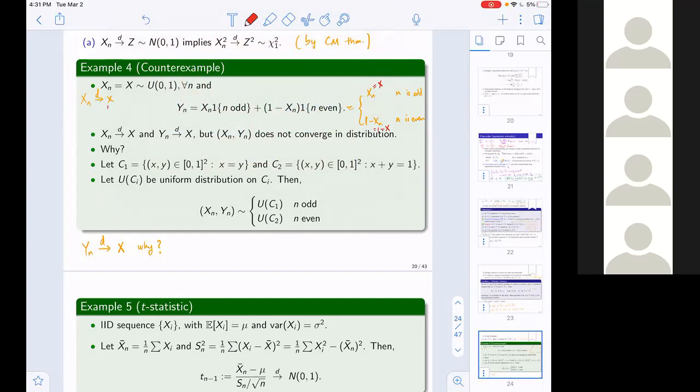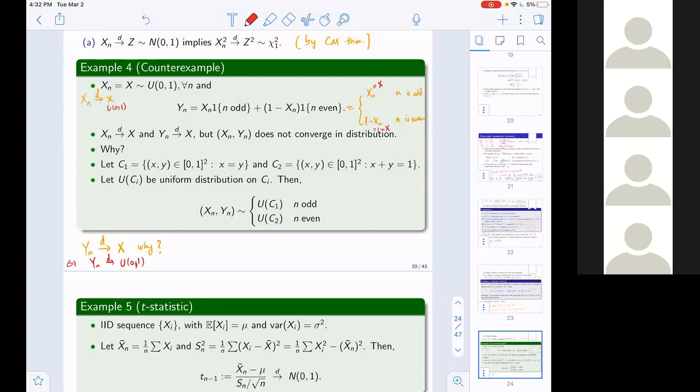So you can say this converges to uniform 0, 1. Sometimes you see that people write something like this, because convergence in distribution just cares about the distribution of the limit. So instead of writing that I converge in distribution to a random variable, we can say the sequence is converging to a uniform distribution. This is also converging to uniform 0, 1, and it is equivalent to saying that Yn converges in distribution to uniform 0, 1.